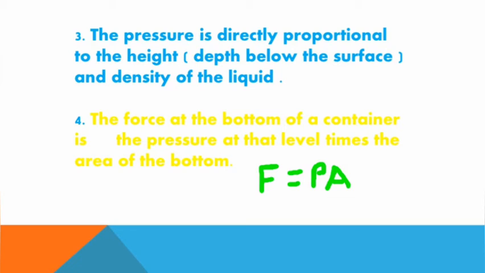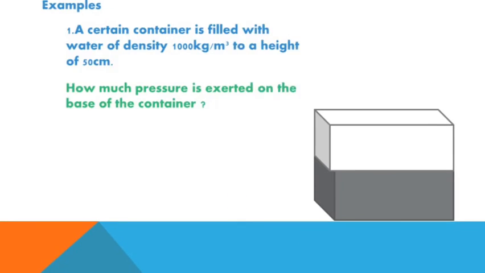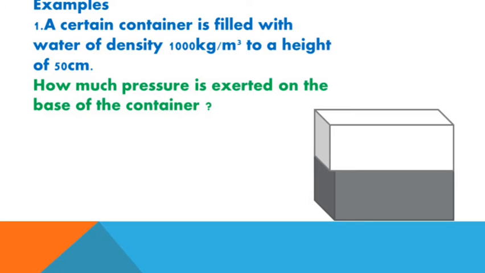Now let us solve some examples on pressure due to liquid. The first question says a certain container is filled with water of density 1000 kg per meter cubed to a height of 50 centimeters. Here we have to change the centimeters into meters. The other things are normal. The pressure at the base of this container is what we are asked.